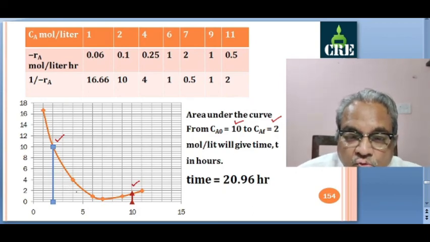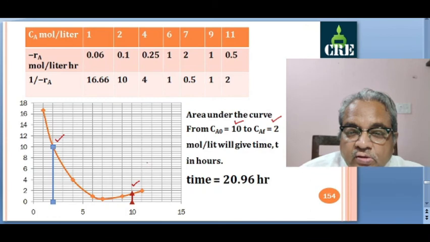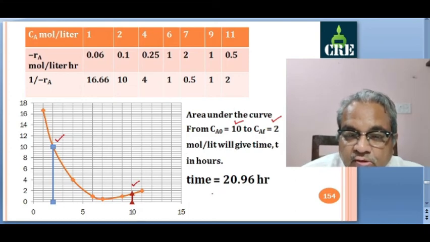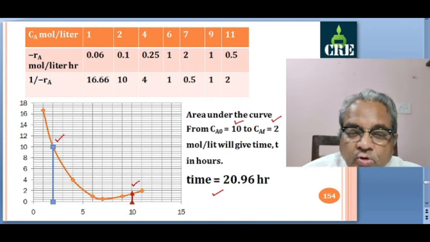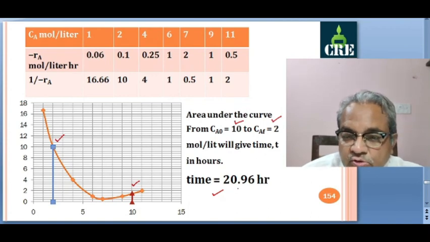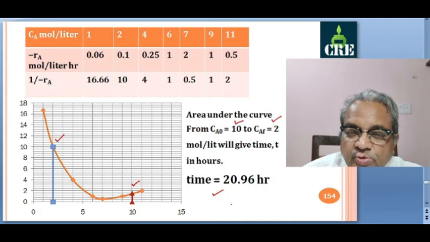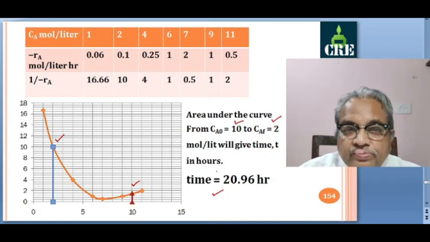Count total number of rectangles, that multiplied by area of one rectangle, that will give you the area under the curve, and here it will give you time directly, and here I am getting it as 20.96 hour. So it depends on how accurately you count. Error of plus minus 2%, 3% will be acceptable.